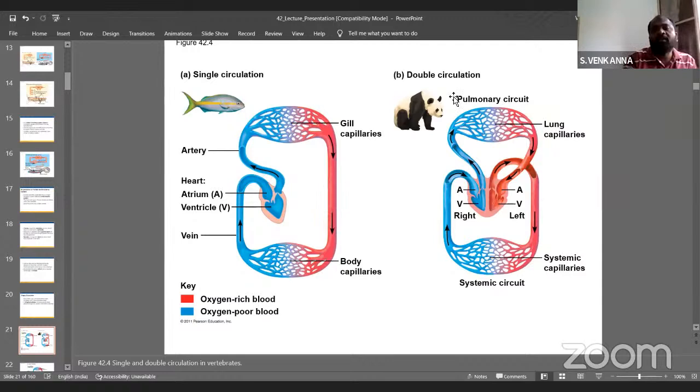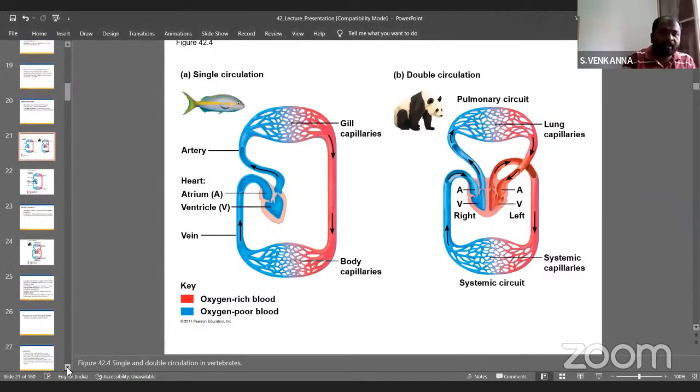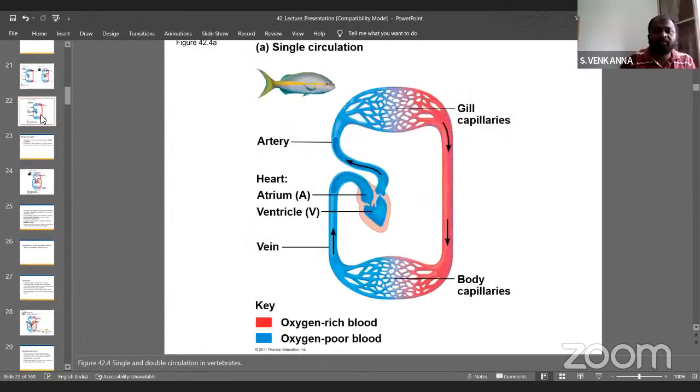This is double circulation in vertebrates, with pulmonary circuits and lung capillaries having oxygen, because the red color appears, and oxygen-poor blood is blue. Systemic capillaries are present in both single and double circulation systems. So this is a clear image of the single circulatory system in sharks or aquatic animals.